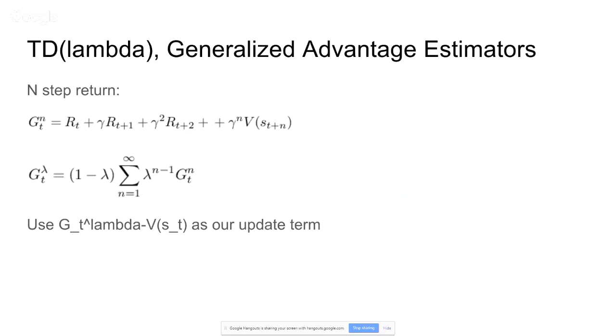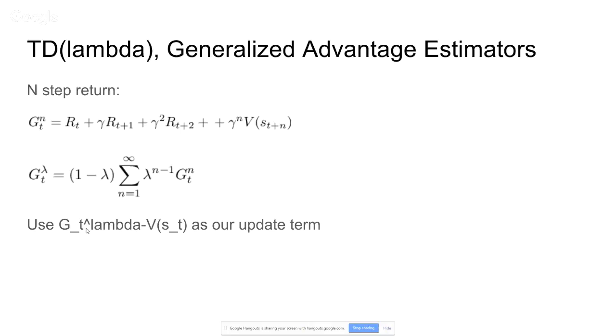And they call this, so one step look ahead is called TD0, and this sum of n-step look aheads with a discount factor of lambda is called TD lambda.